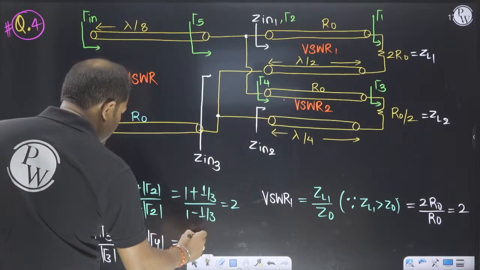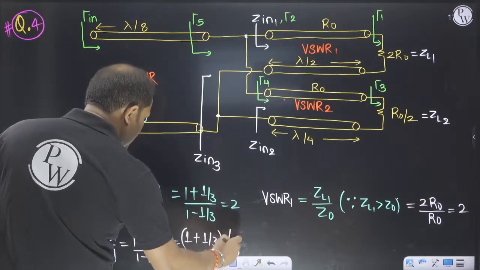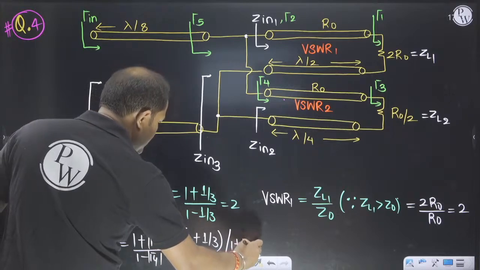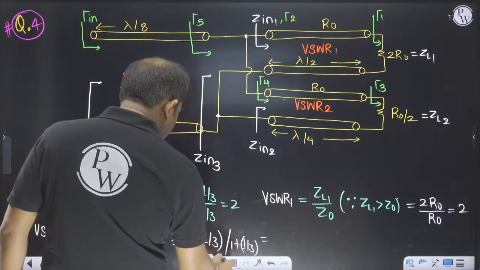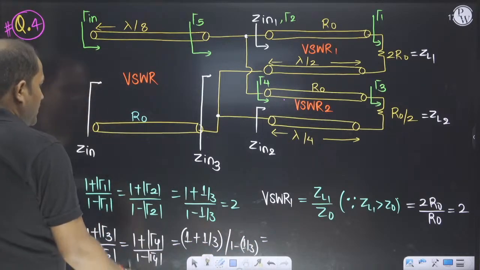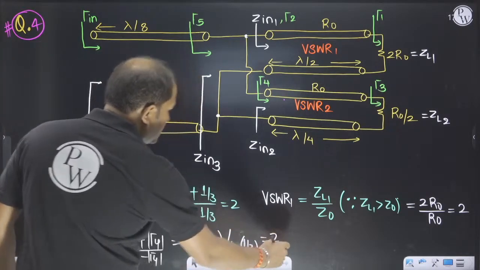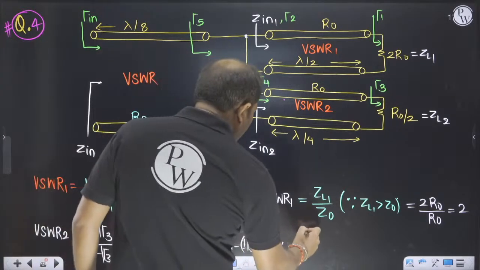It will be (1 + 1/3) divided by (1 - 1/3), which is 2. It is very easy.